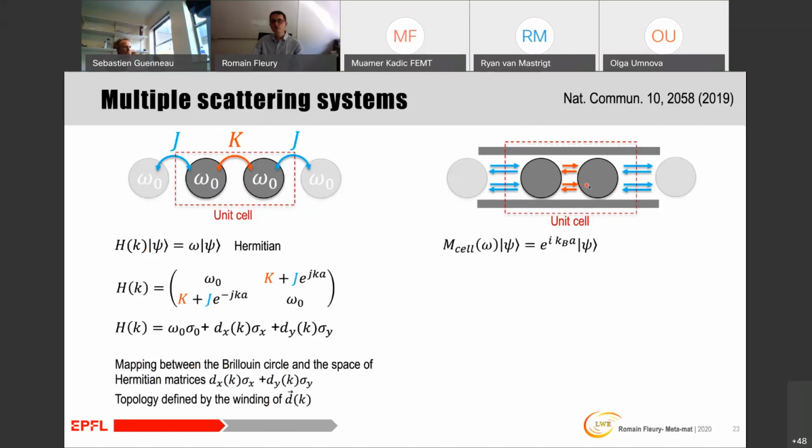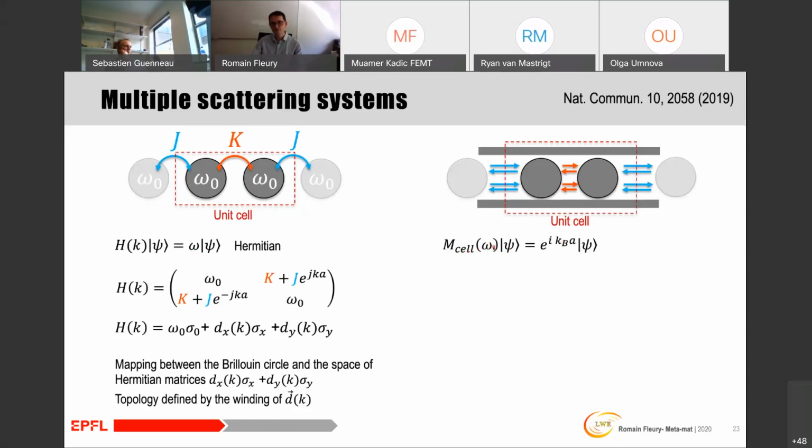The eigenvalue problem is this one. M cell is the transfer matrix of the unit cell, and it's basically the Bloch phase times the state. You see that it's different from here because, first of all, omega is not the eigenvalue. Now it's K Bloch that is the eigenvalue, and omega is in that matrix, because of resonance, scattering, everything.